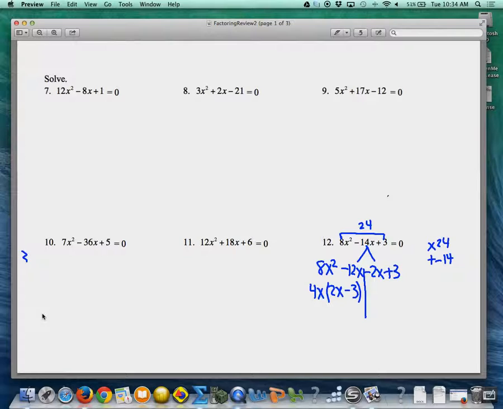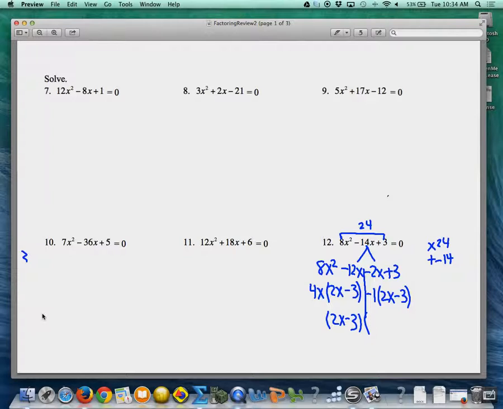So negative 2x, you have to at least take out a negative 1. Is there anything else between the 2x and the 3? No. So negative 2x, take out a negative 1 becomes positive 2x. Positive 3, take out a negative 1 becomes negative 3.